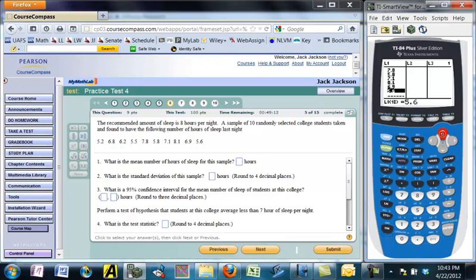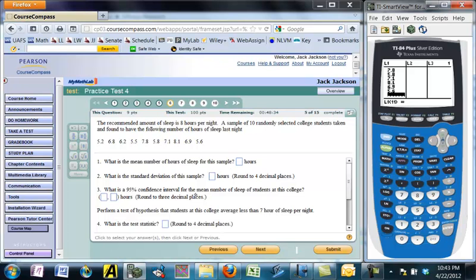Okay, let me check them all again just to be sure I got everything in right. Okay, it looks to me like I've got them all in.